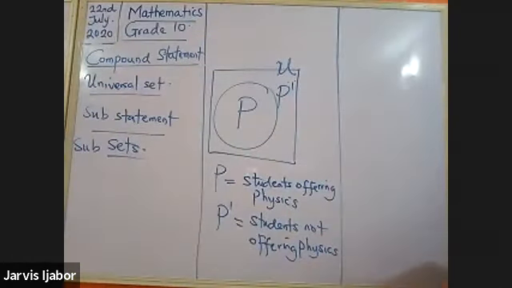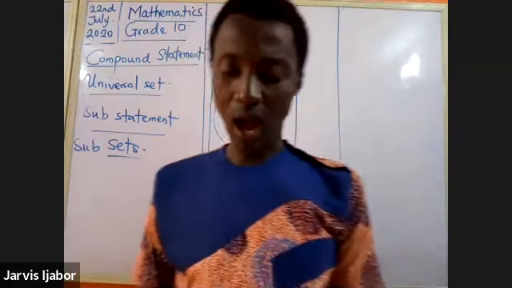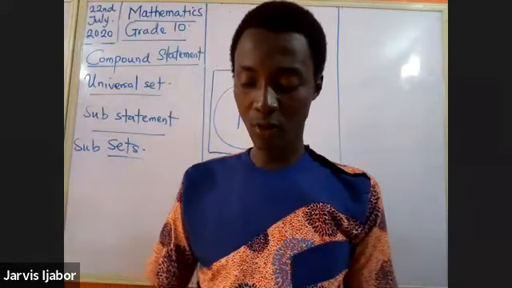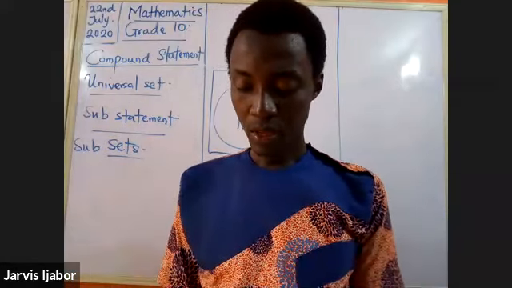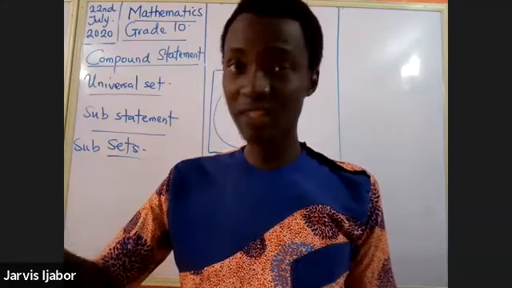Having understood the compound statement, the next thing we may want to talk about is what is called the implication. Okay, before we go into that, let's look at what our Excellence in Maths has to say about compound statements. It says in everyday life we do not communicate with simple statements, and that is true.